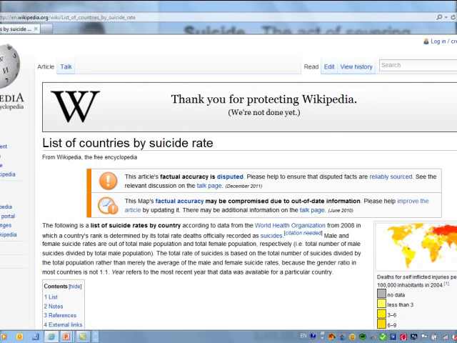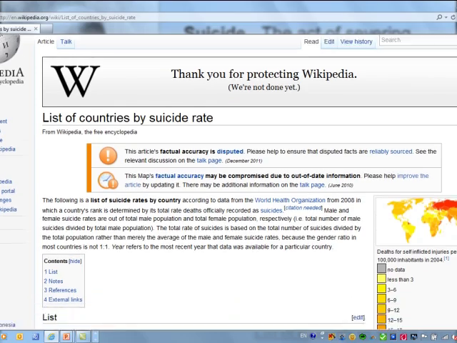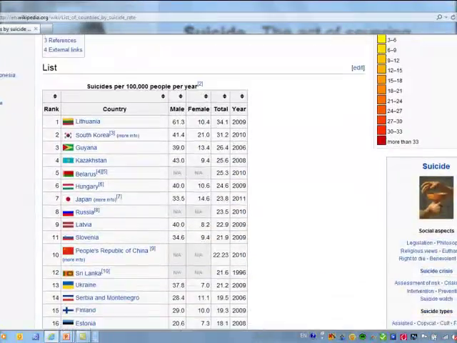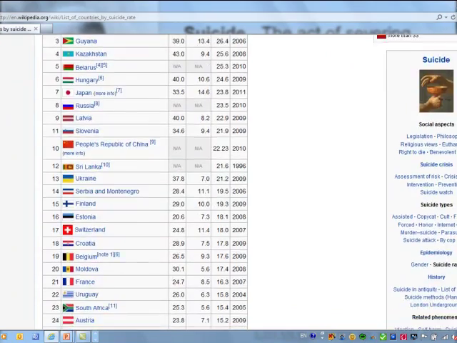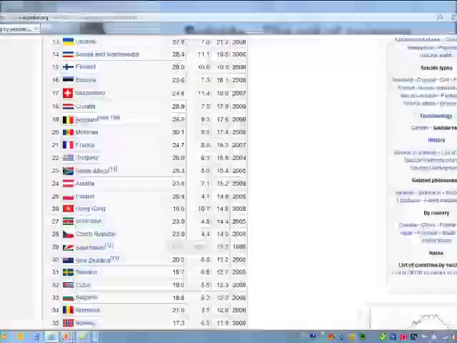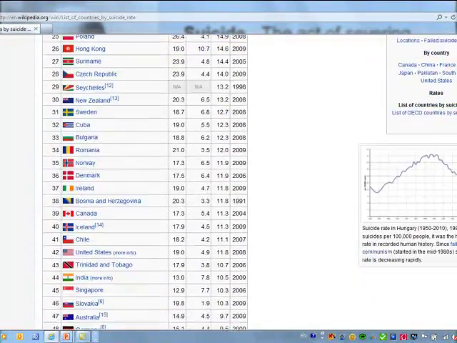Take a look at the list of countries by suicide rates. It's clear that this wide variation has to be caused by very different conditions in those societies.